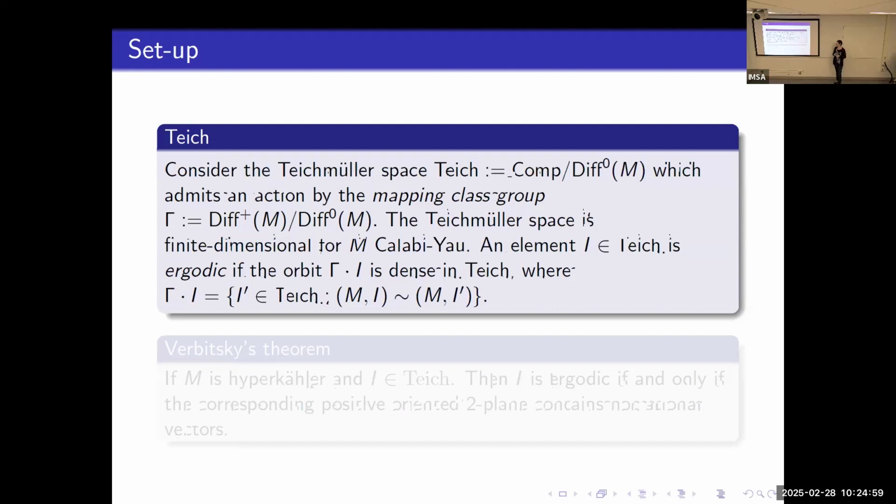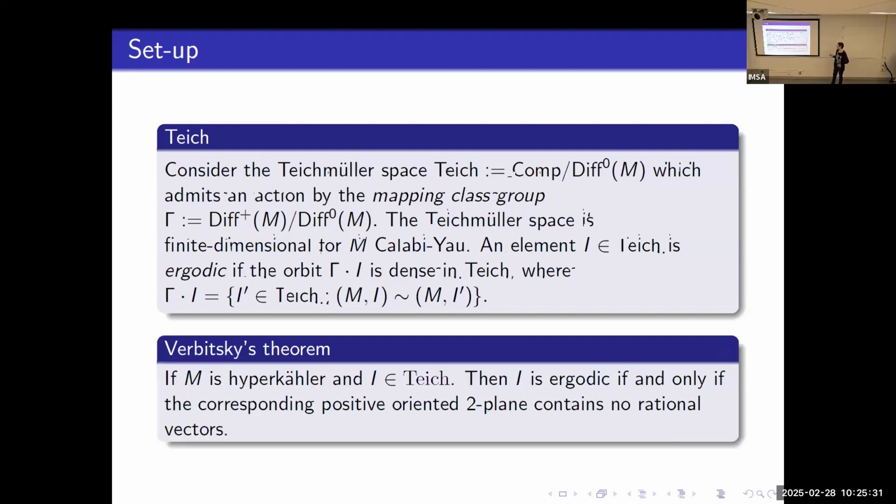We have that for Calabi-Yau or hyperkahlers, this Picard space is finite dimensional, and an element, which is a complex structure in the Picard space, so you get an equivalence class of complex structures, is called ergodic if its orbit with respect to the mapping class group is dense in the Picard space. And Verbitsky classified when an action is ergodic.